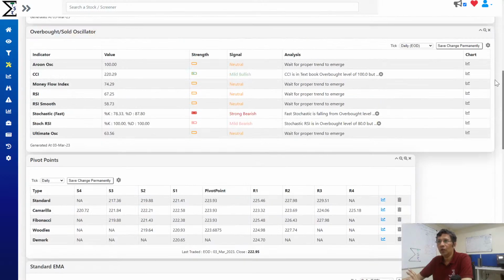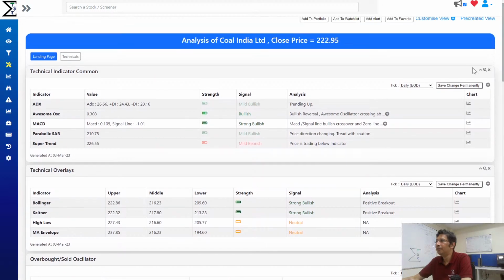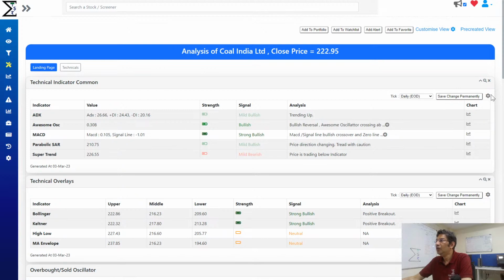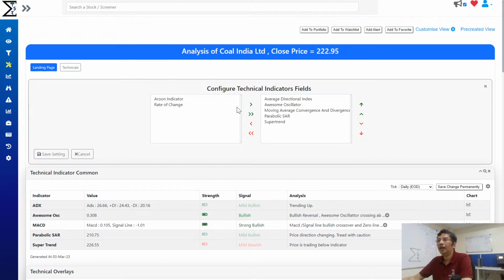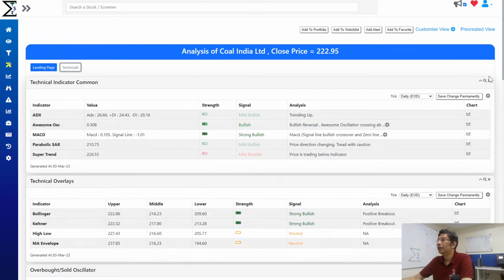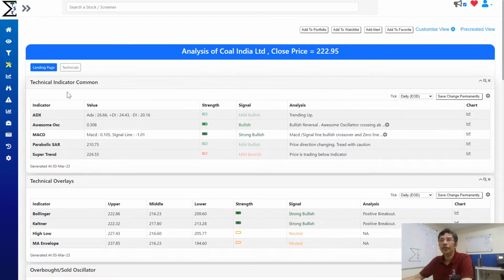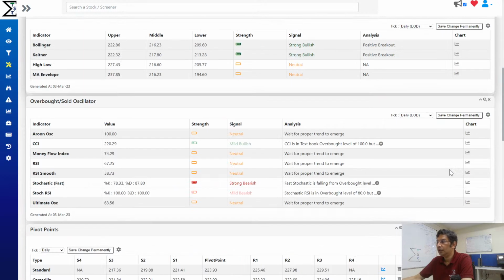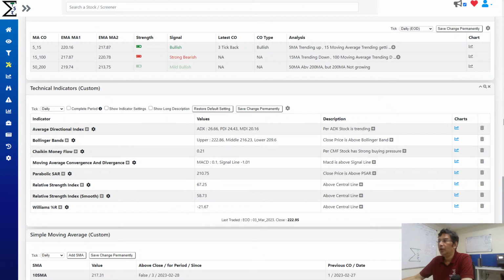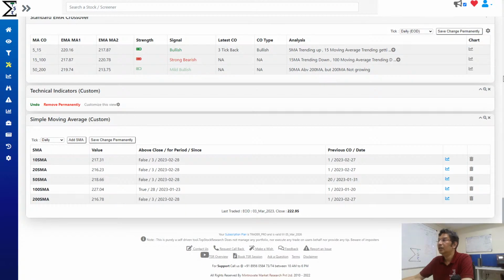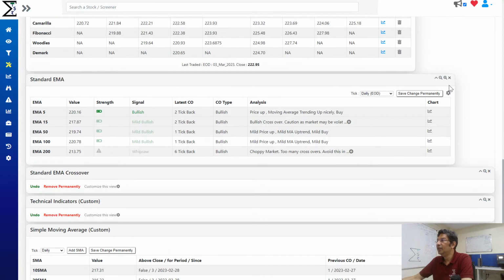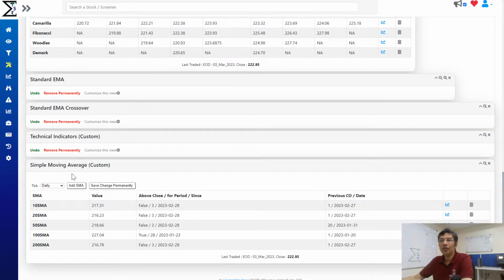Now, let's say you are looking only at moving average, or moving average is your prime thing. What you can do is go here in the tab, in the tick, sorry. You can remove what you are not interested in, right?